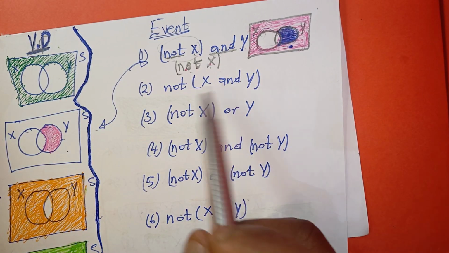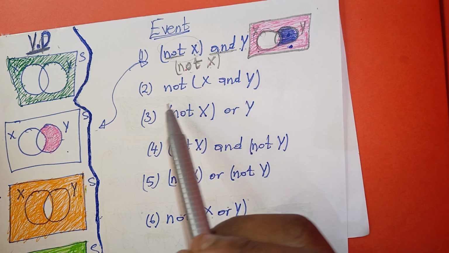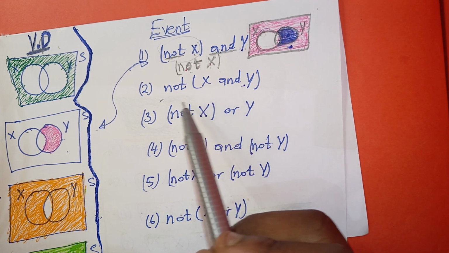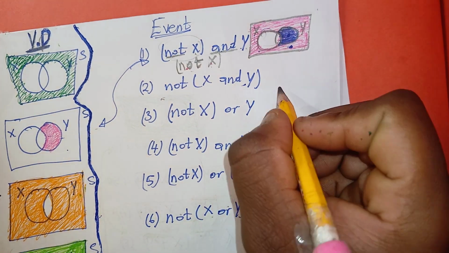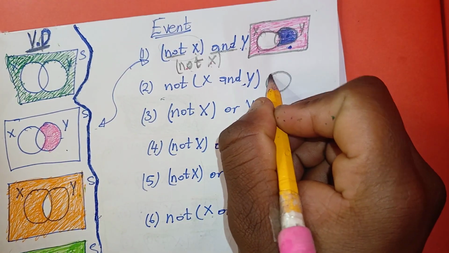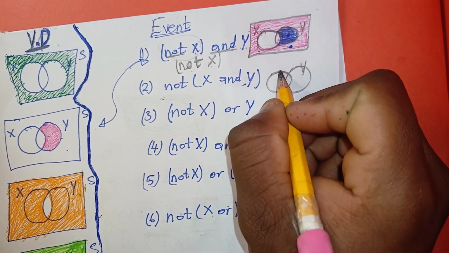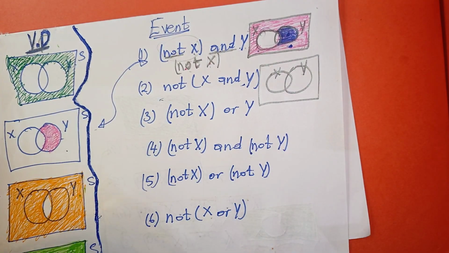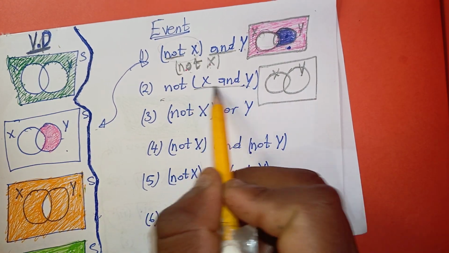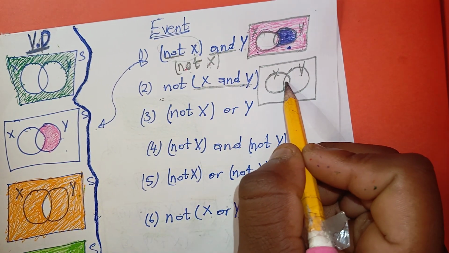So here it was a matter of trying to draw the Venn diagram. Now let's draw a Venn diagram for this one, which is easier. This one is Y and X. When they talk about X and Y, they talk about the intersection.